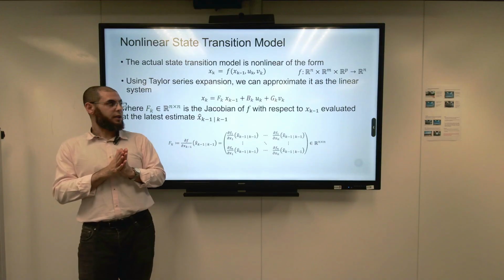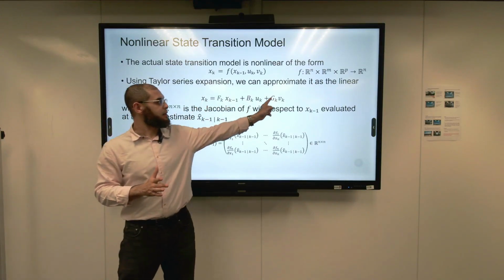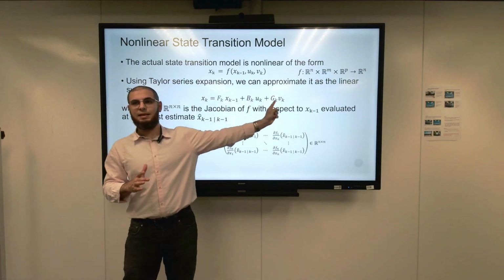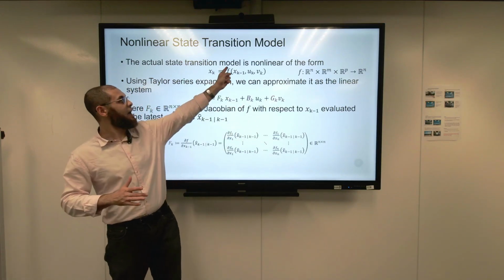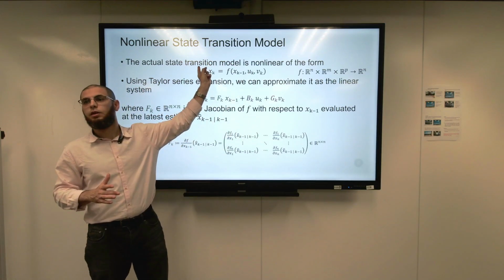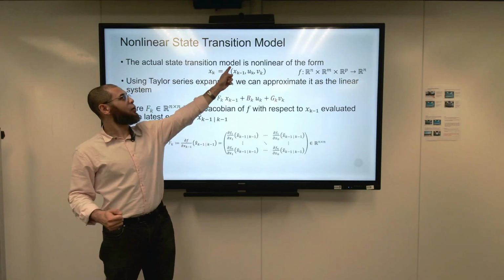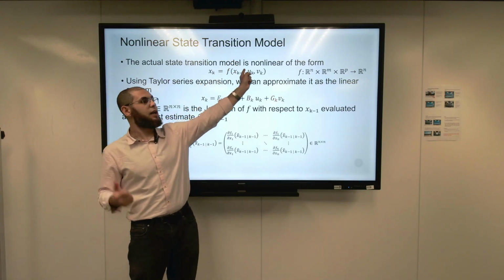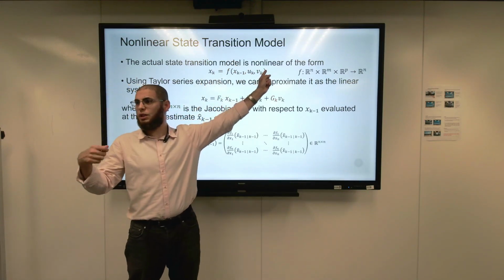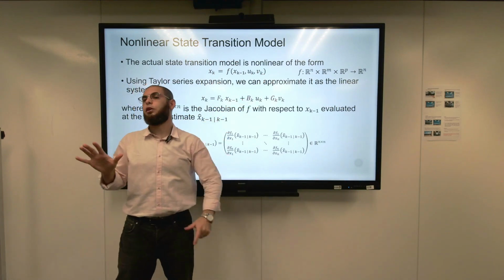Usually, what we have in real life, we don't have a model like this, right? We don't have this linear model. We actually have a nonlinear function like that. So you say that xk is related to xk minus 1 and related to uk and vk, which is the noise, all through a nonlinear function.